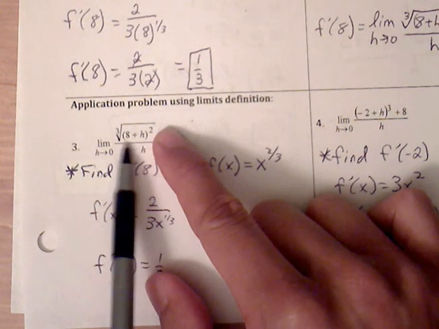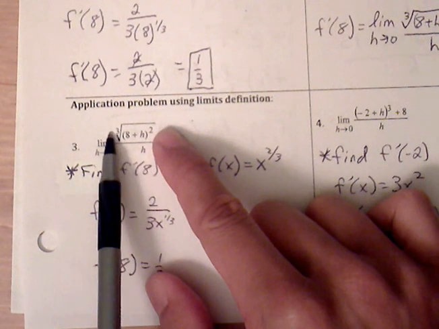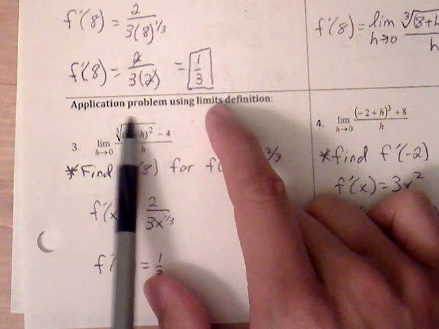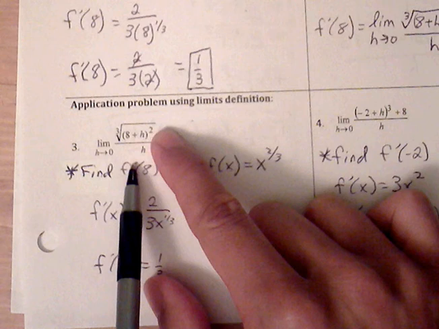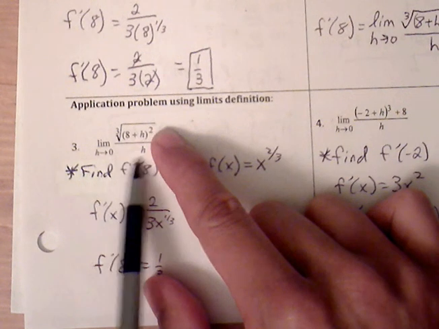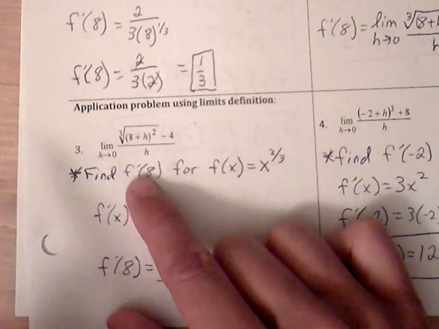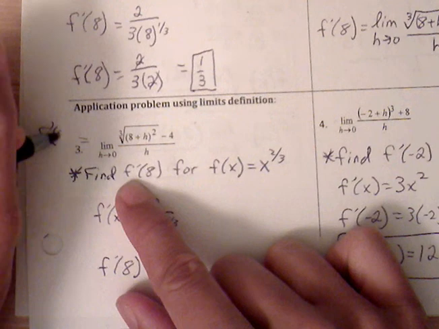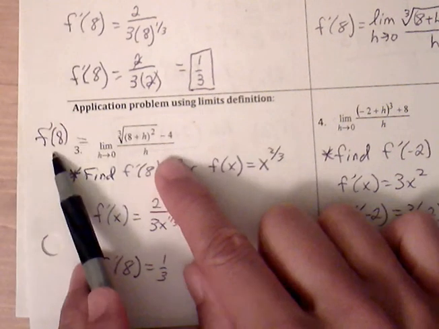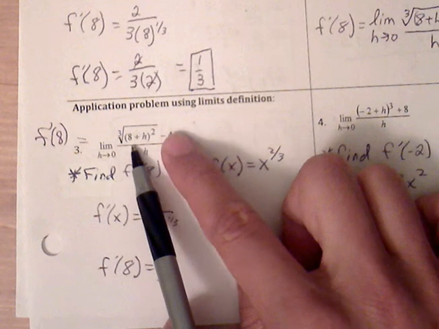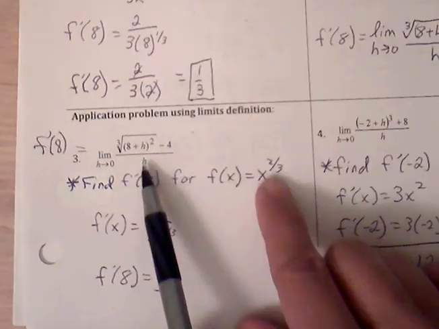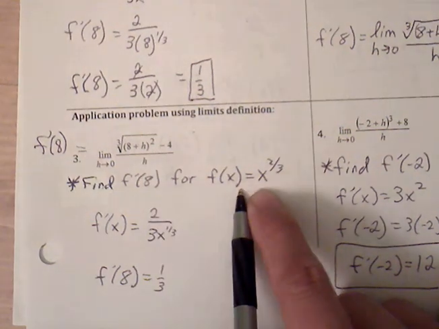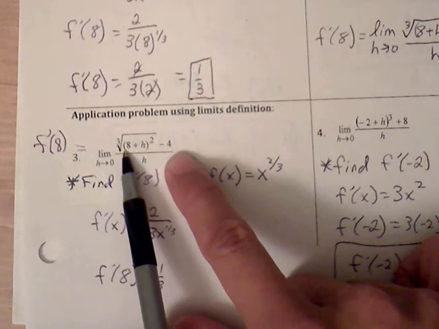If we think of this as x, then the original function is just going to be what? Cube root of x squared. And so this notation is coming from this cube root of x squared. We should know that this notation is representing f prime at a specific value. This is asking us to find f prime of 8, right? So if we can find out what the original function is, and we can figure that out by just replacing the parentheses with x, the original function is x to the 2/3, and the x value is 8.